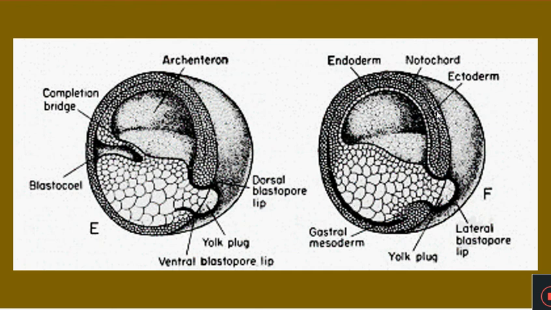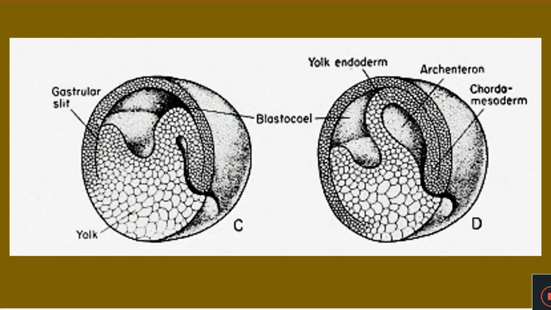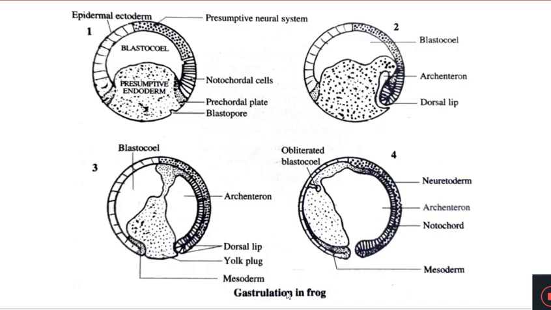The outer layer consists of a mid-dorsal neuroectoderm and epidermal ectoderm around the embryo. As I told you, we will go to the diagram which we earlier saw, that is here.